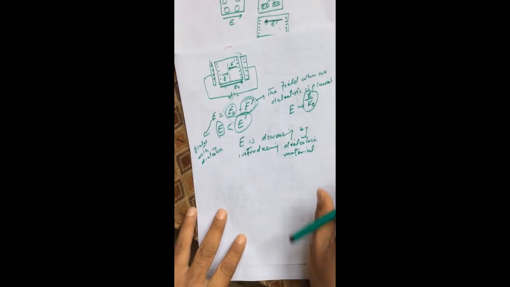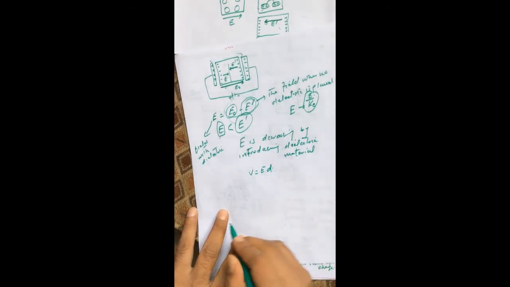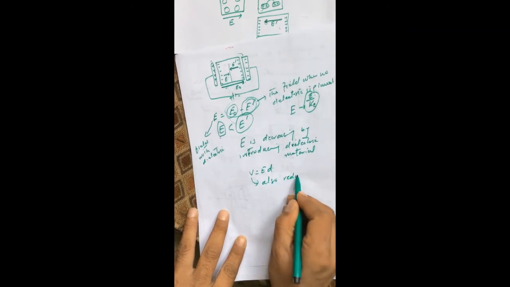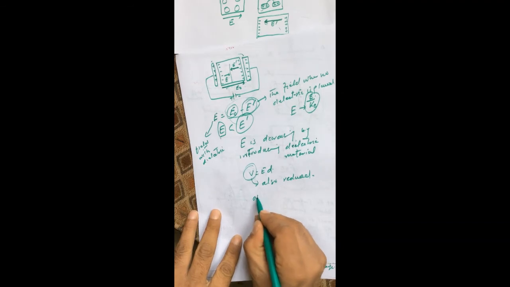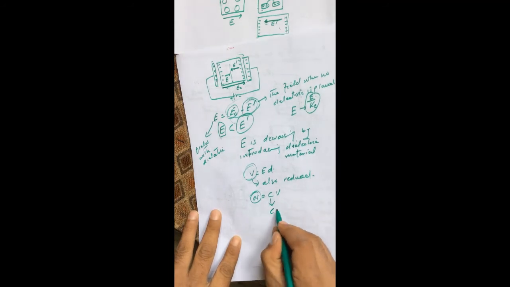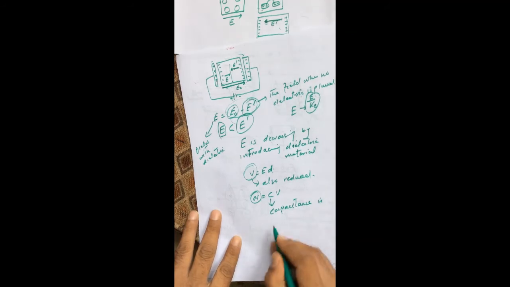Once E is reducing, then from this relation V is equal to ED, this V is also reduced. If V is reducing, then from this relation Q is equal to CV, Q is constant on these plates, so it means that capacitance is increasing.